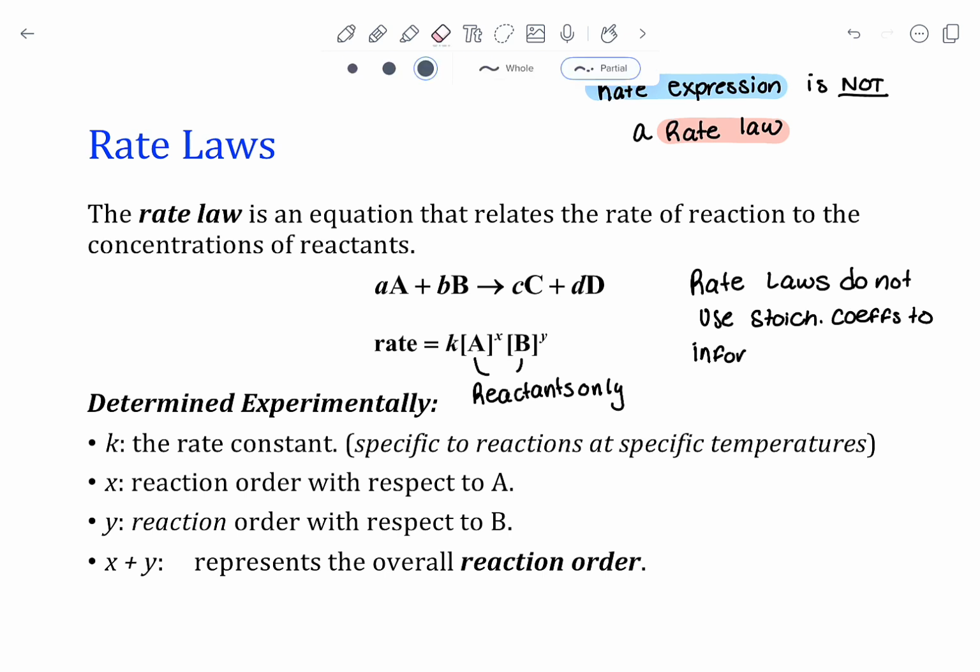Shouldn't say inform, I should say determine. Let's say determine, that's a better word. Determine the rate.